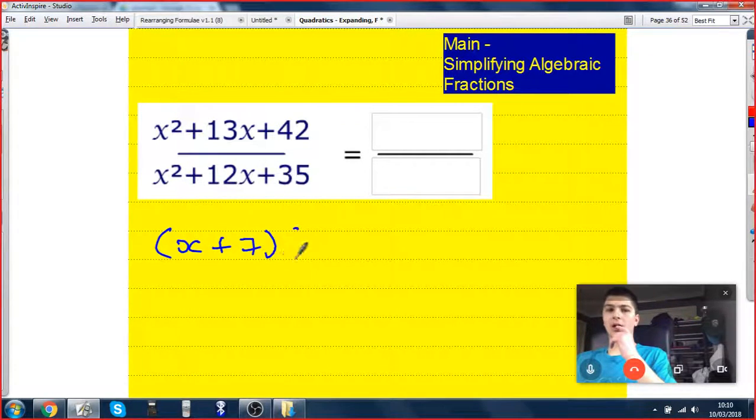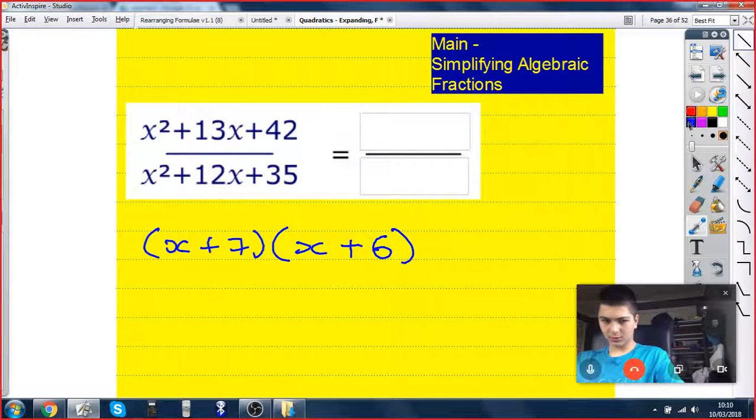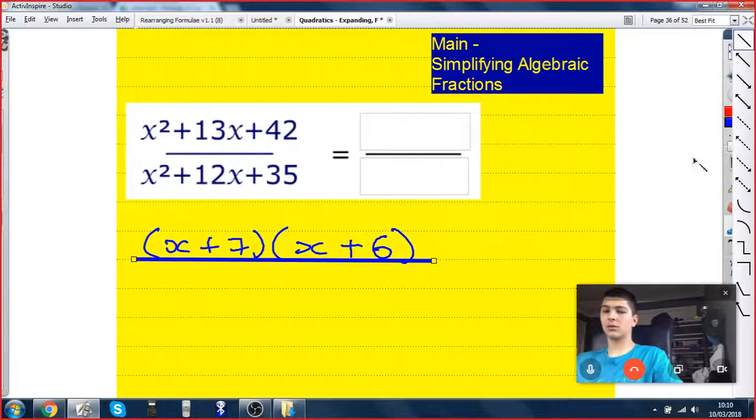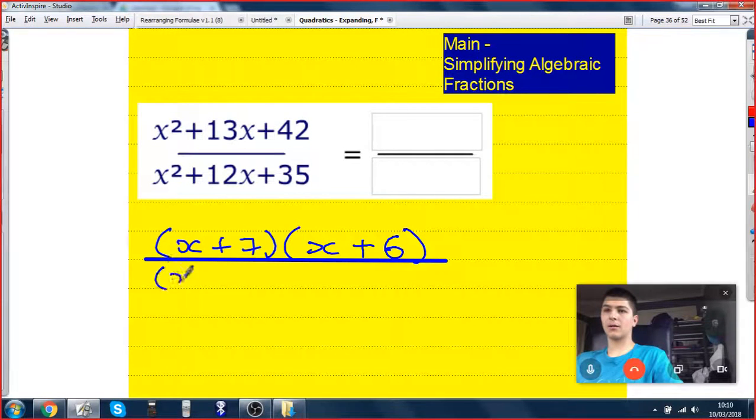Yeah. How about the bottom one? Would the bottom one be x plus 5 and x plus 7? Yeah. Okay. Any idea how you can simplify that now?